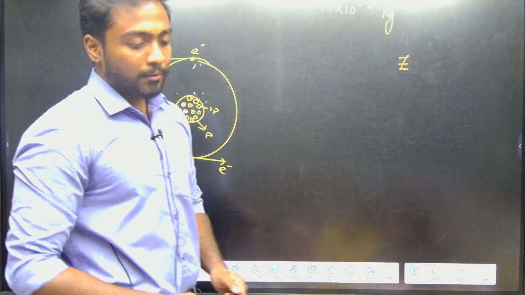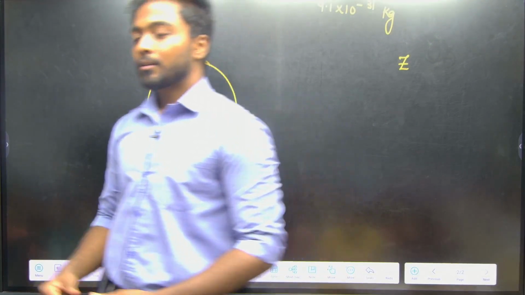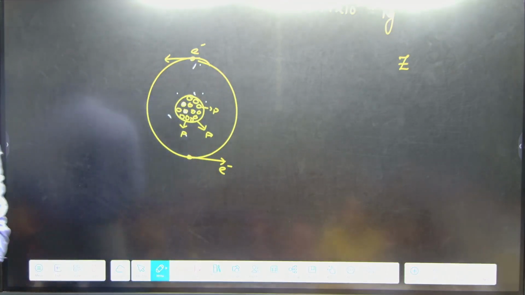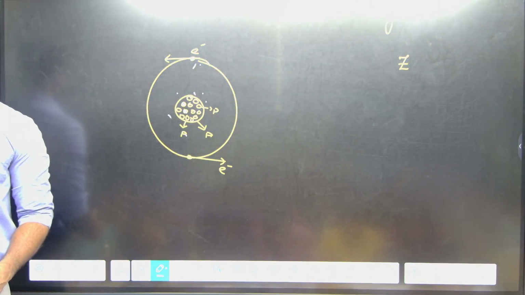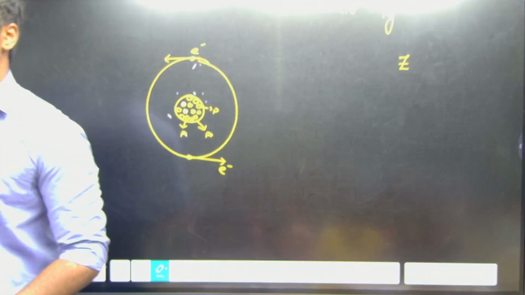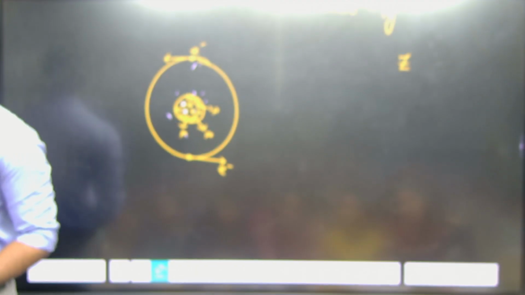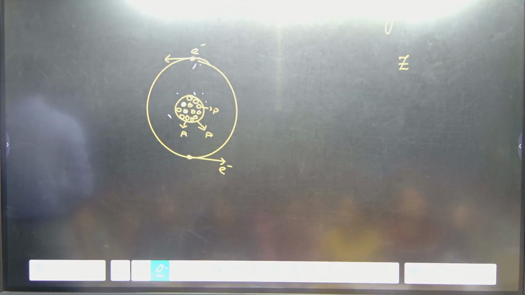Write down the next one. Okay. Atom is, okay. Wait. Is atom positively charged or negatively charged? Neutral or positive or negative? Neutral. Okay.